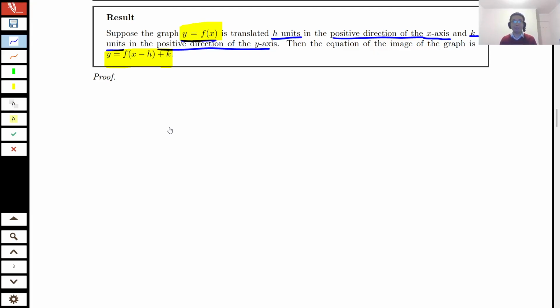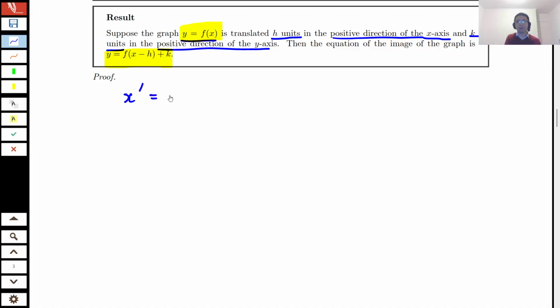Now, I claim that this generalizes to any function. Doesn't have to be a quadratic, doesn't have to be a polynomial. If I replace f of x with f of x minus h plus k, that corresponds to these two translations. So this is a very powerful result. Now, why is this true? Using just the notation that we've introduced on this page, we can actually prove this.